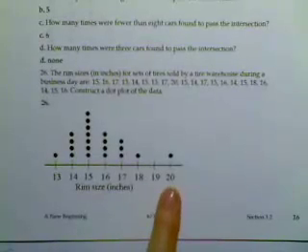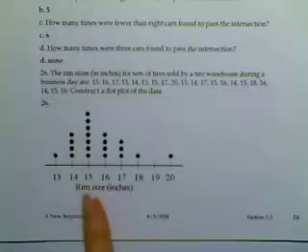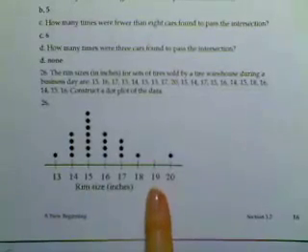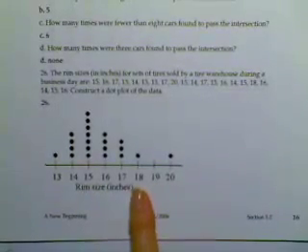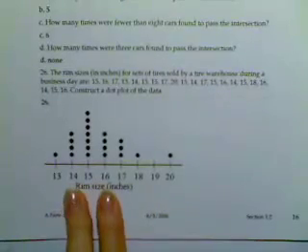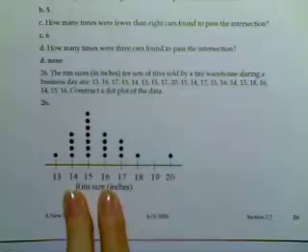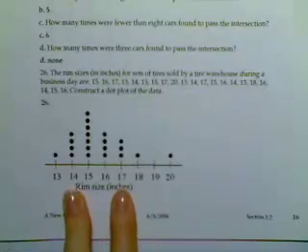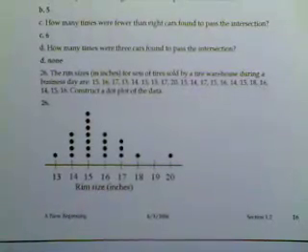So you might have very few 13 and 20, no 19, very few 18, most 15, and then several 14 and 16, and then a few less of 17.